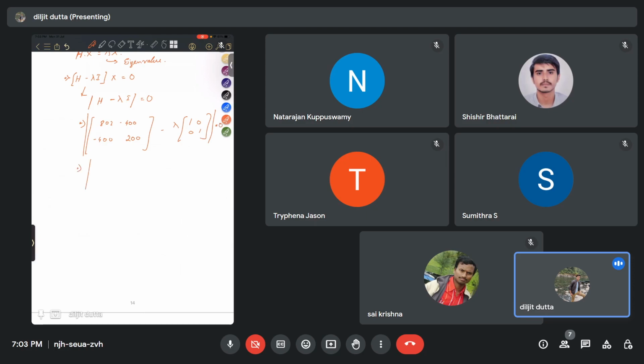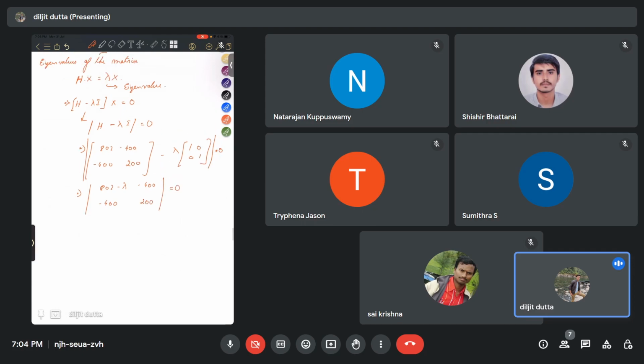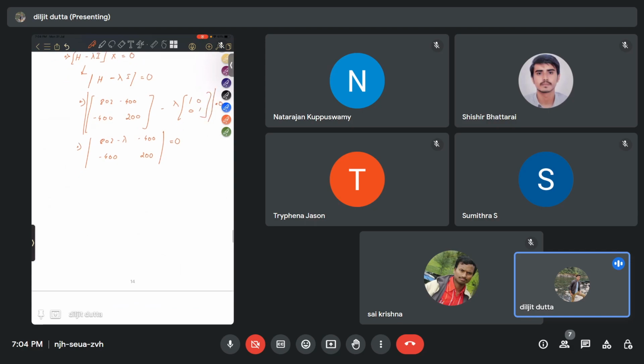So the determinant of 802 minus lambda, minus 400, minus 400, sorry, 200 minus lambda, is equal to 0. I hope this is clear. This is how to find eigenvalues.